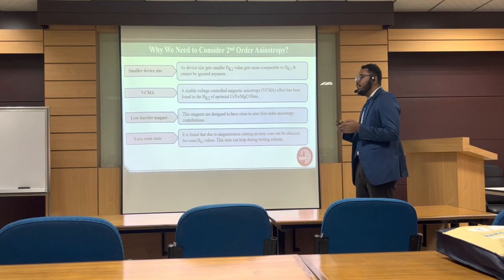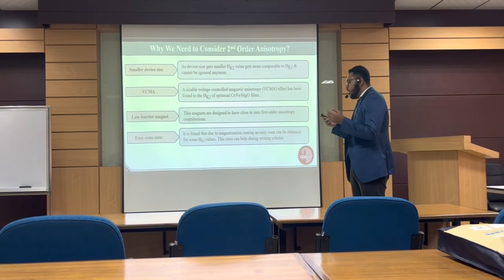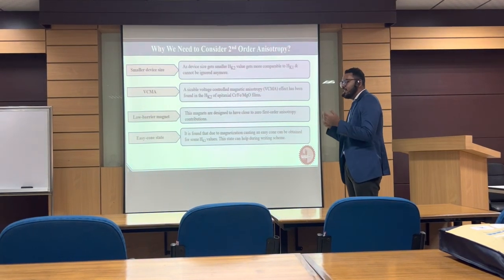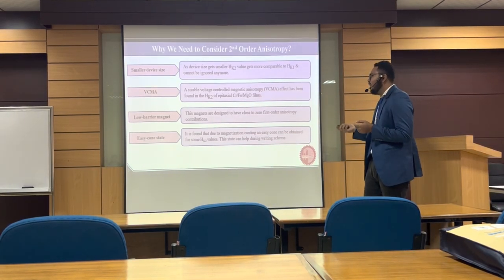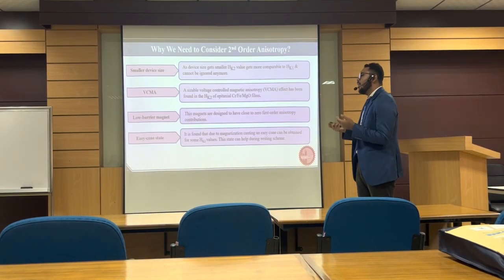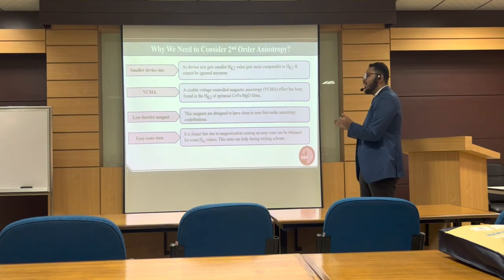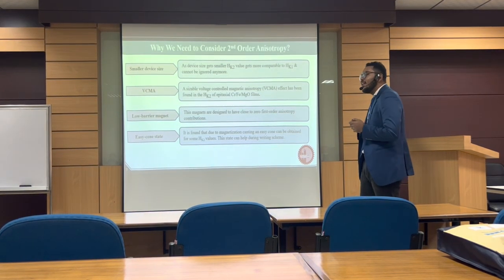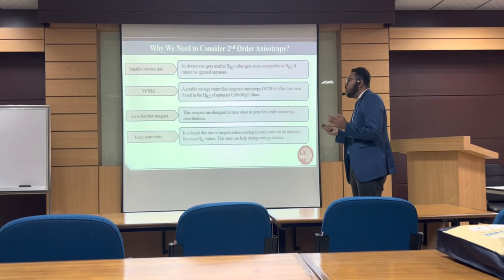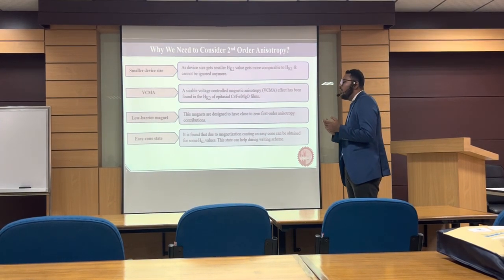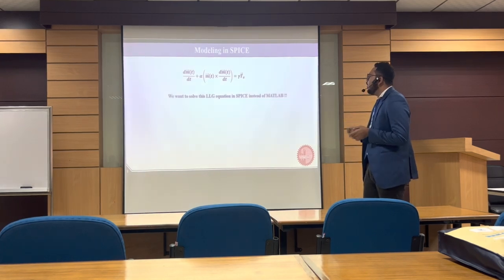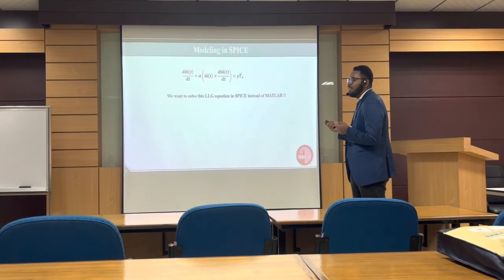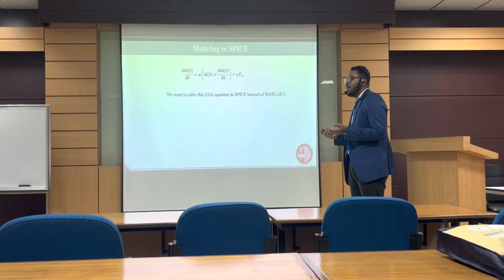And lastly, in some studies, it has been said that for some fixed first order and second order anisotropy values, there can be an easy cone state, and this state can actually help us reduce the writing energy of the magnetic tunnel junction. So for this reason, we need a model that incorporates the second order anisotropy effect. So we want to solve this LLG equation in SPICE instead of MATLAB. But you may ask, why SPICE?